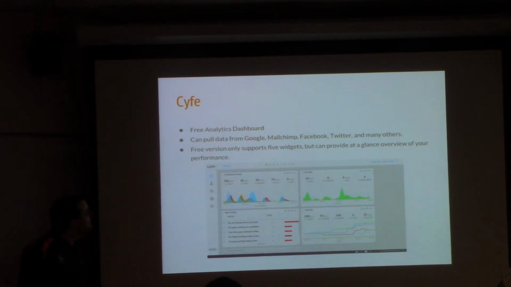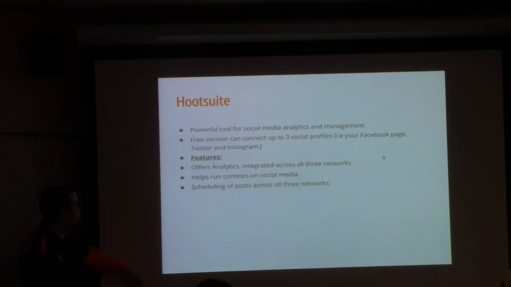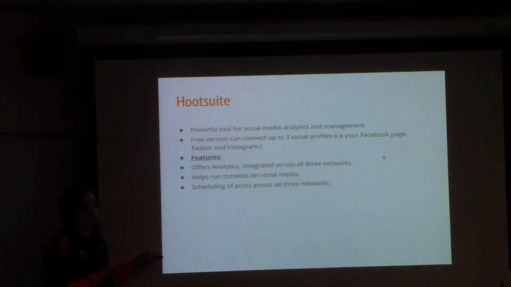So this is a tool we don't use, but I figured I'd include it because it is a pretty powerful one when you start using it. It combines analytics and scheduling into one tool. So the free version can connect up to 3 social profiles, which is right about perfect for most FRC teams.